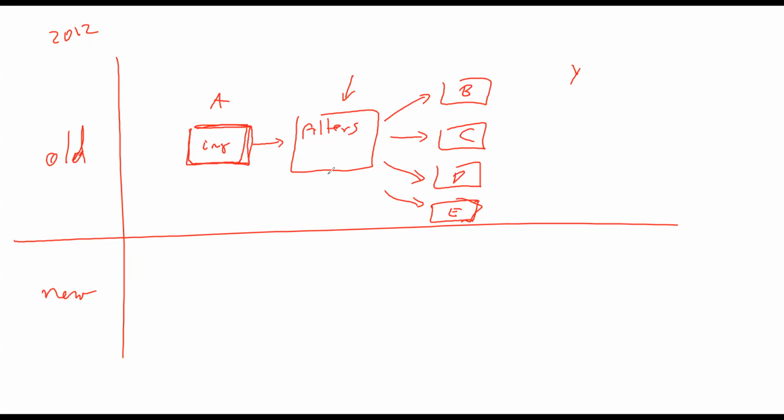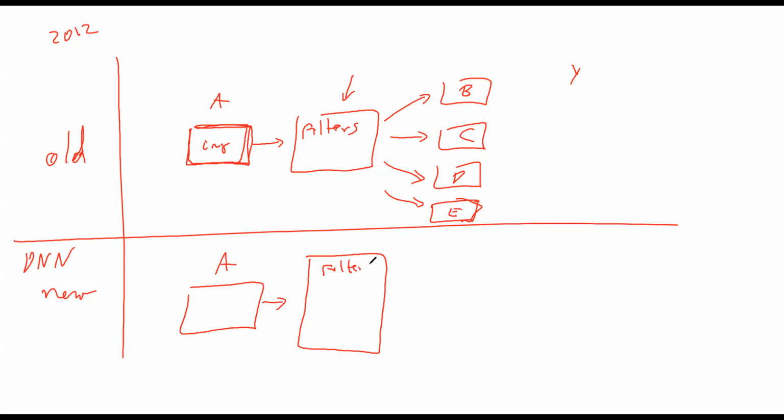As it turns out, with deep neural networks, deep neural networks are function approximators. What that means is that you can really just lay out the architecture of filters. The difference is, here you have to write all this code. Here you leave this blank. And because you have the labels, the algorithm will learn what?